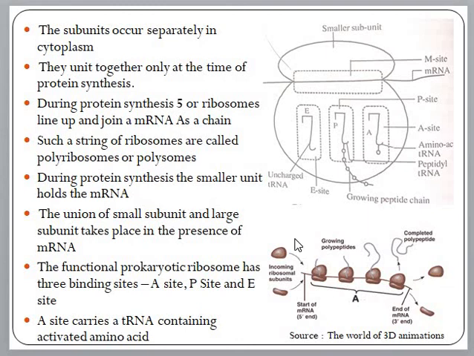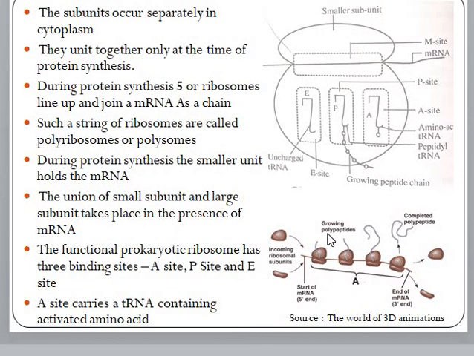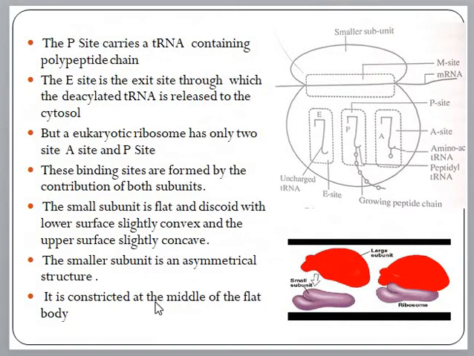A functional prokaryotic ribosome has three binding sites: an A site, a P site and an E site. The A site carries transfer RNA containing an activated amino acid. The P site carries a transfer RNA with a polypeptide chain.